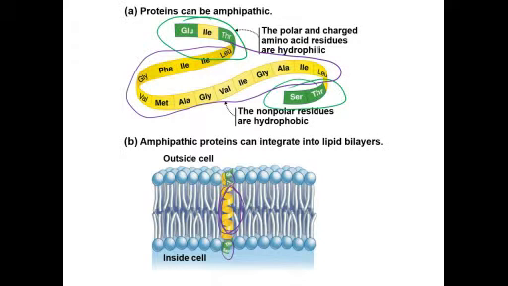The nonpolars are the ones interacting with the lipids out here. Now, that means on the inside of this protein, in this region, you have your polar and charged amino acids, and your nonpolar sticking out on the outside, interacting with your fatty acid tails.